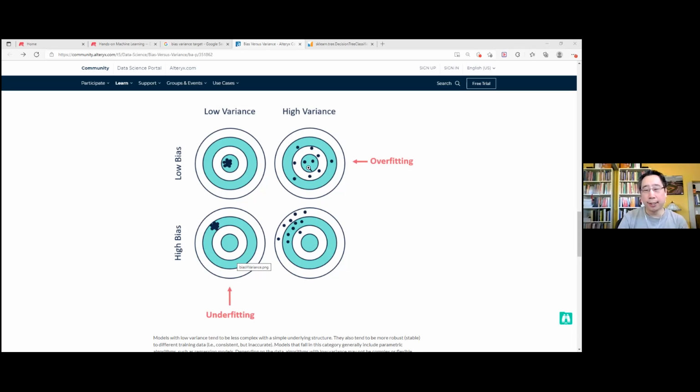This was a question a couple decades ago. Could you actually take a collection of weak learners that aren't that perfect, that aren't in this upper left corner, and could somehow combining the information from a collection of weak learners give you a strong learner that's in this upper left corner? And so ensembling is really about, do you gain anything by collecting things together?